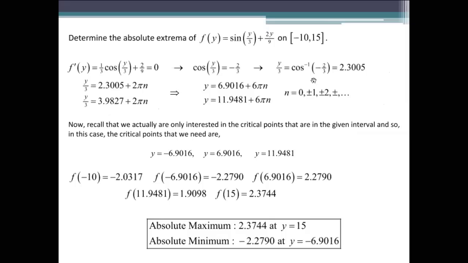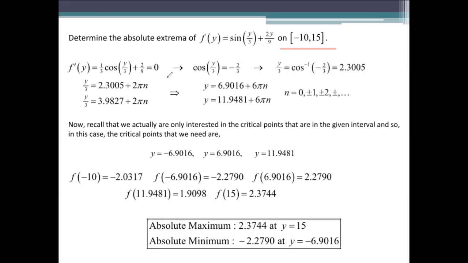And the next example: determine the absolute extrema of f of y. Here we have the trigonometric function sine of y over 3 plus 2y over 9 on the interval [-10, 15]. Again, we need to first find the critical points. To find them, one more time, take the derivative of this function and solve it equal to 0.